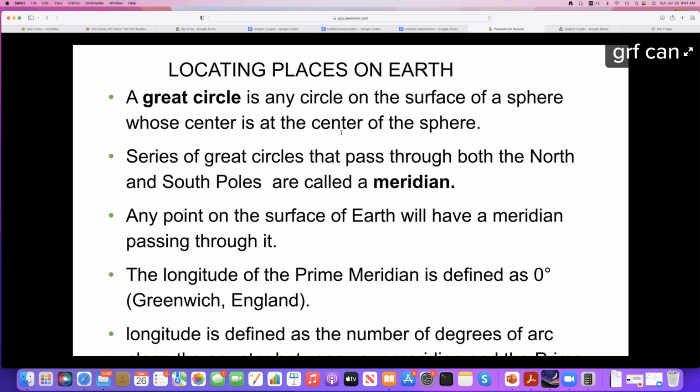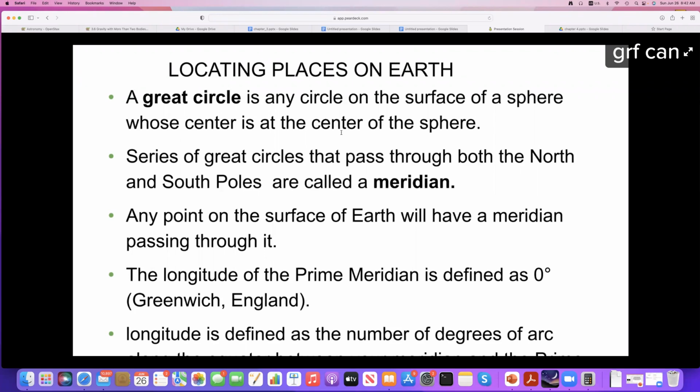You just need to understand the difference, right? A great circle is any type of circle on the surface of a sphere. The center should be at the center of the sphere. That is the only condition for a great circle. But a meridian is like a subset of great circles. These great circles should pass through both north and south poles. So there is an additional condition for the meridian, right?